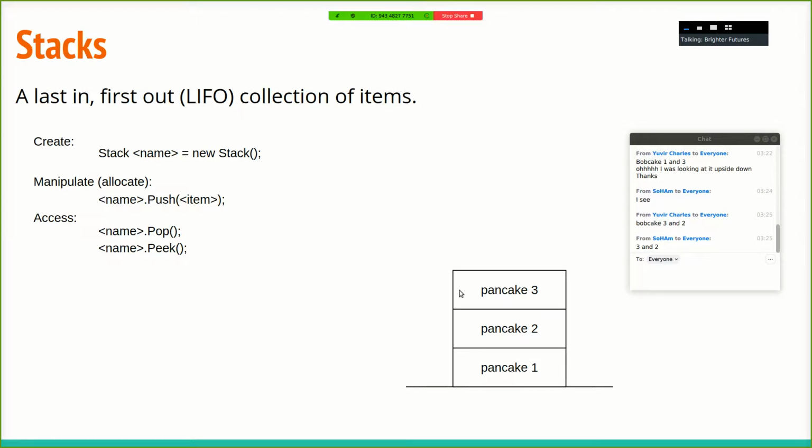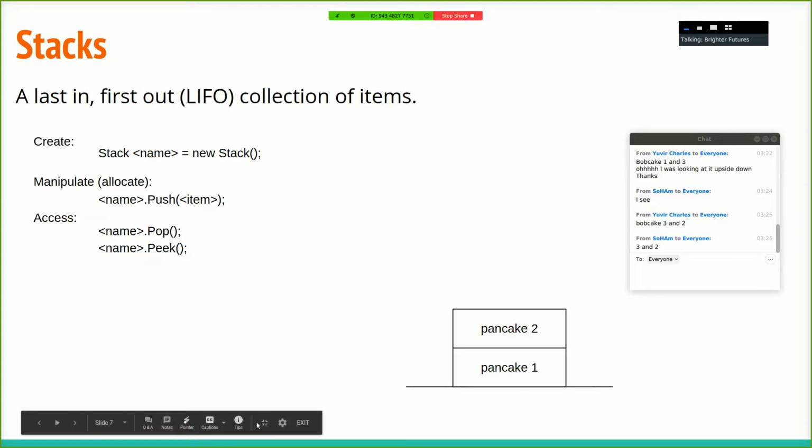Now, what's the difference if I run pop the first time? Pop will show me bobcake3, and then it's going to remove bobcake3 from the stack. And when I peek, the new top of the stack is bobcake2, right? So we expect it to go bobcake3 and then bobcake2.